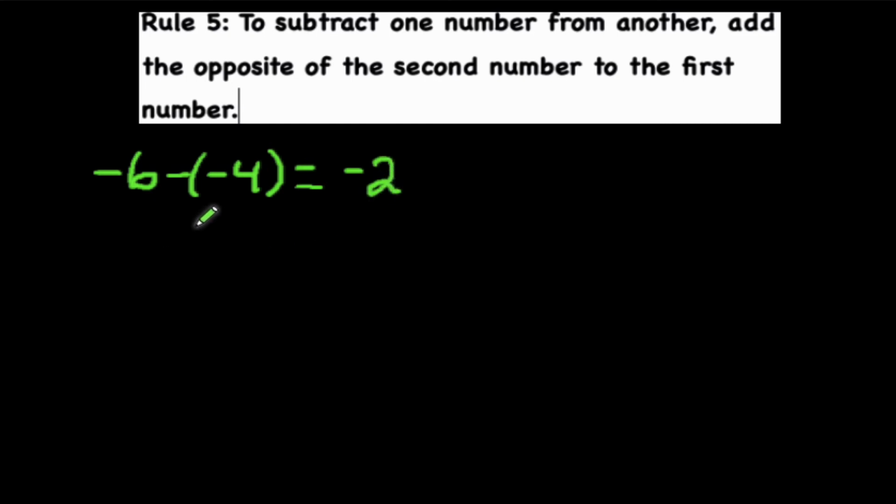All right, so really what I like to tell students is take a look at these two negatives. They're right beside each other. So when you see it like this, a negative of a negative simply means positive, right? So this is really negative 6 plus 4, okay? And this is equal to negative 2.